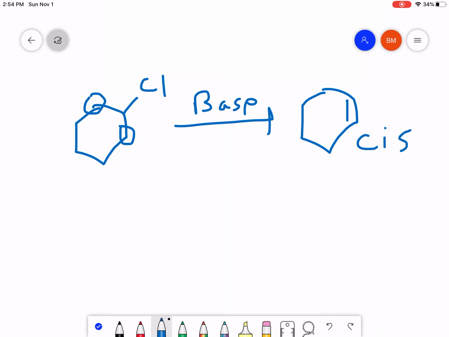Can you ever get the trans here? The answer, no, you can't. Reason being, we cannot freely rotate around any of these carbon-carbon bonds in your ring because they're locked into a ring, right? So in this case, the only thing you could possibly get would be cis, and cis only. So there's certain situations you have to look at where the stereoisomers aren't present, or you just get one over the other because of certain circumstances. But otherwise, you do need to account for them.